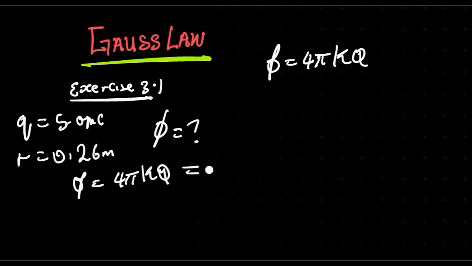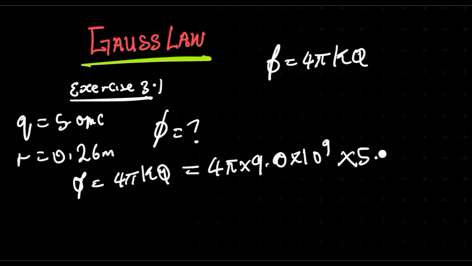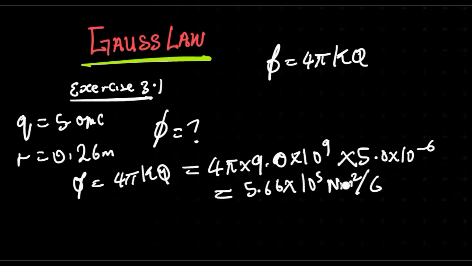So that becomes 4 pi times 9.0 times 10 raised to power 9, times this charge, 5.0 times 10 raised to power minus 6. If you evaluate that, you will have your answer, 5.66 times 10 raised to power 5 Newton meter square per coulomb. So this is example 3.2 we just did.